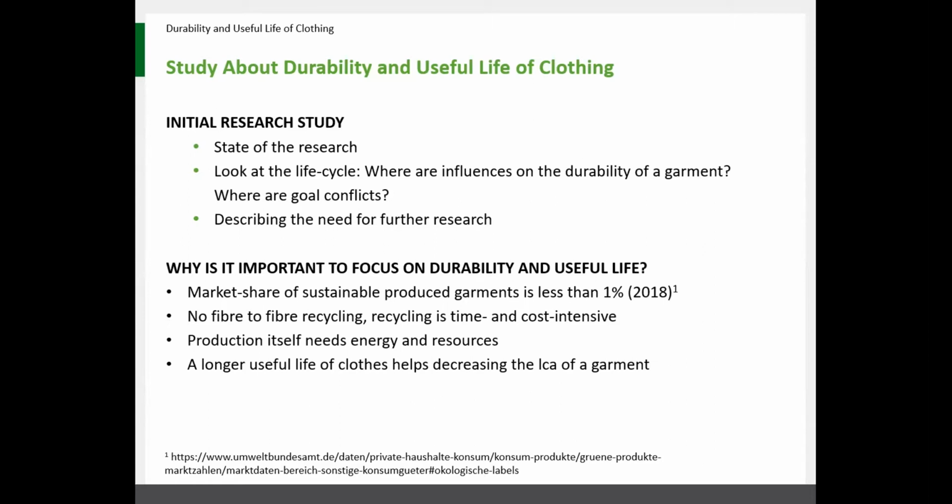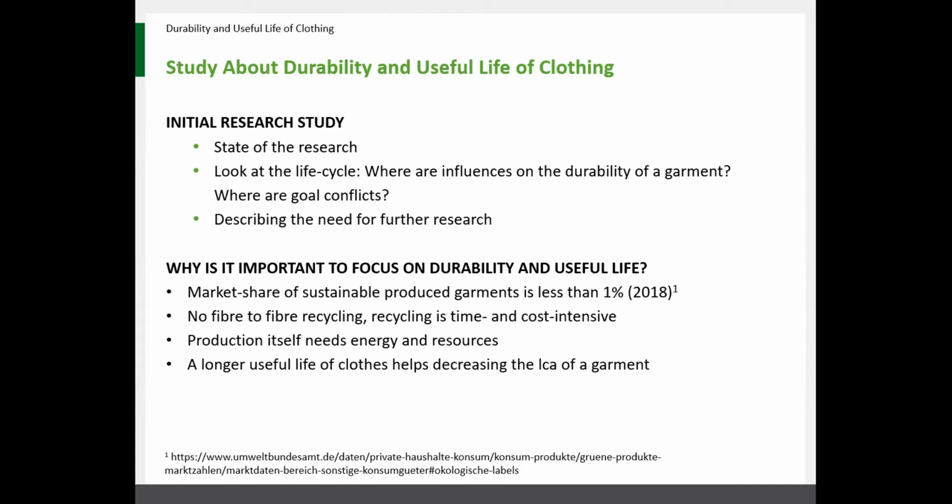After that, with a view on the whole life cycle of a garment, we put all this information together and checked which steps have an effect on durability, longevity, and the useful life of a garment.